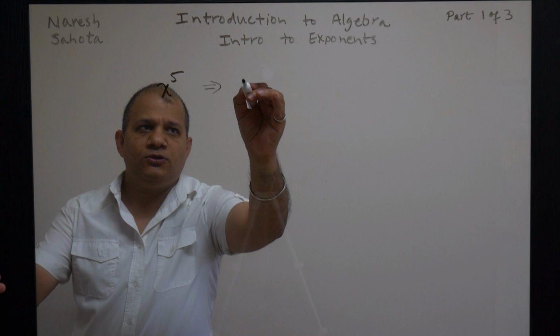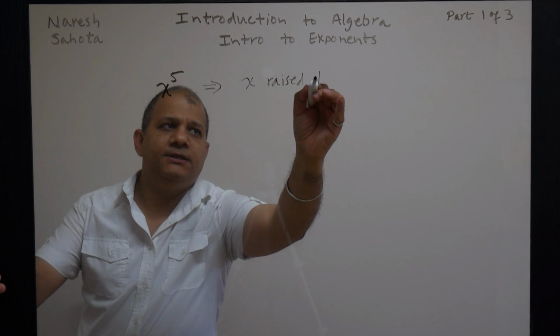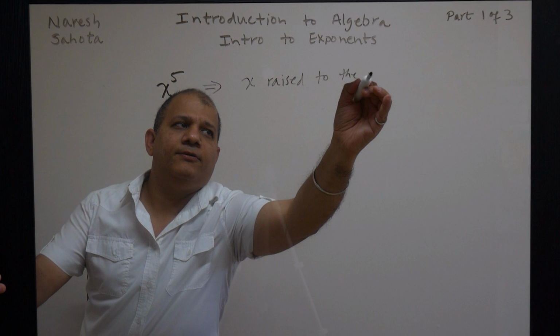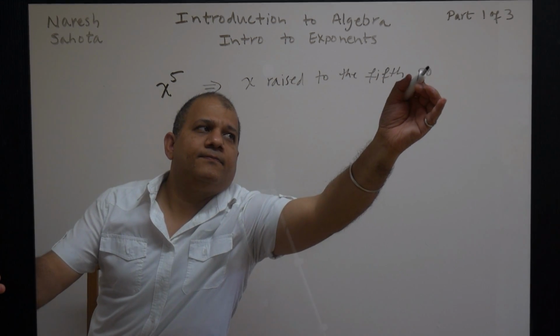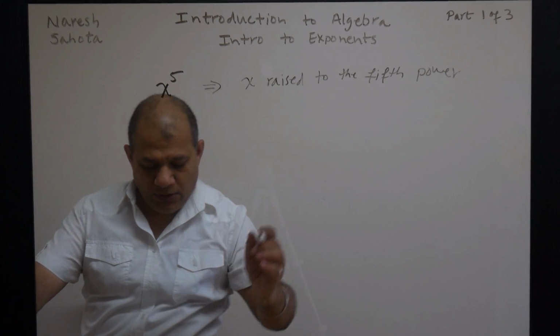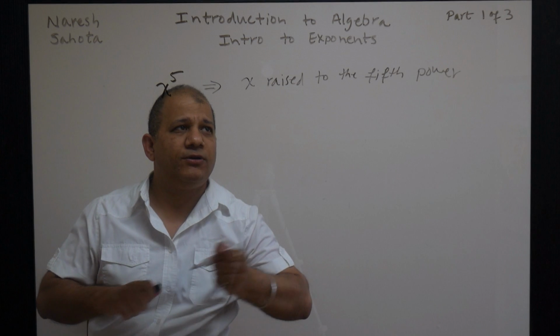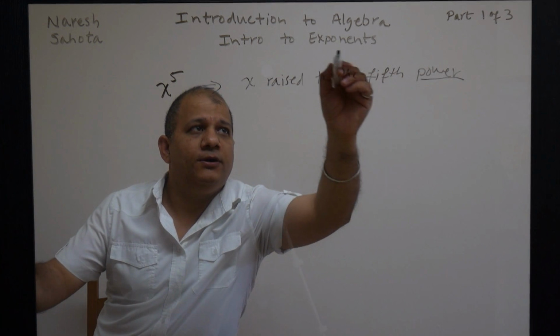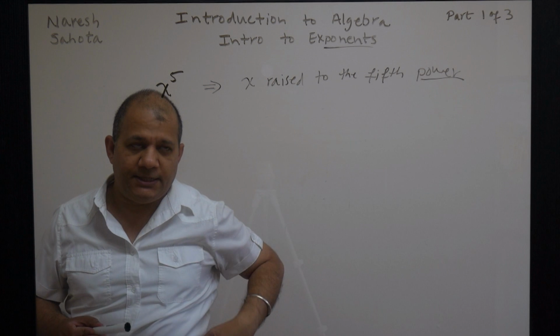We call it x raised to the 5th power. So power is actually another word for exponent. Okay, so this is how we read it.